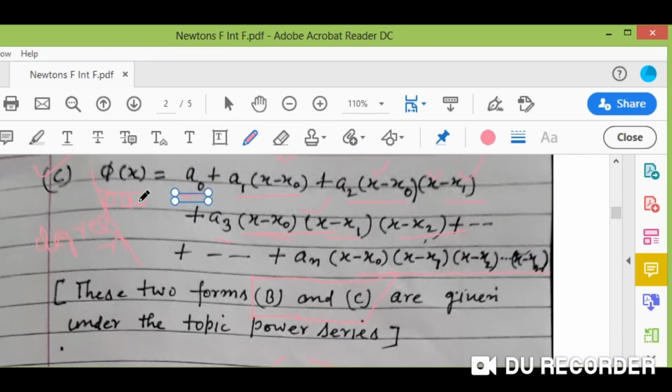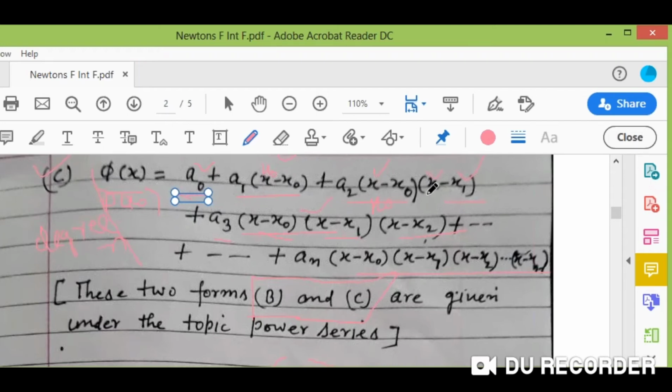This becomes phi x naught, and here a naught will remain the same, and here we put x naught. So x naught minus x naught is equal to 0. So only this term remains; here x minus x naught, here is also x naught, here is also x naught.